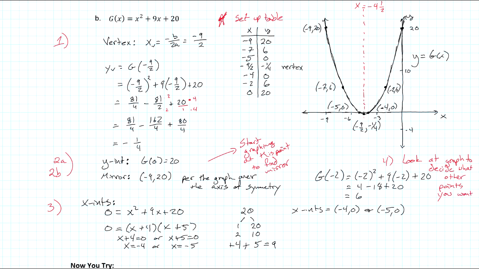I wouldn't want the points where x is like negative 1,000,000 or whatever. I probably don't want to use a fraction there. I just want to look for some nice whole number x values that are within the picture that we've drawn that can add some detail to it. So once you've decided that, then go ahead and plug that x value in, find its mirror point, and then connect the dots and all of that, and you've got your graph.